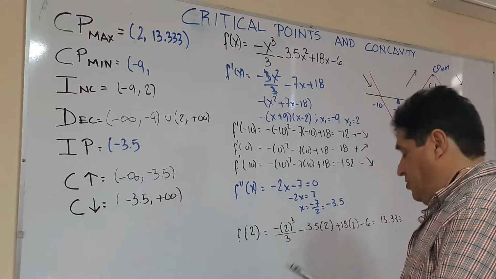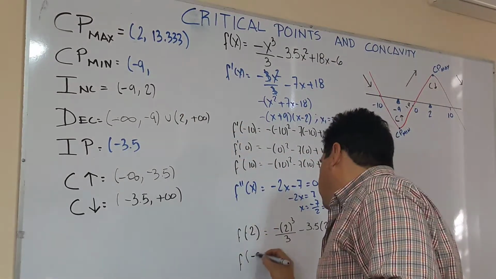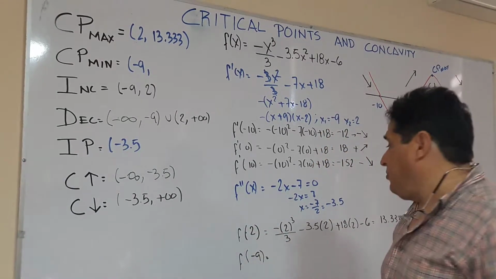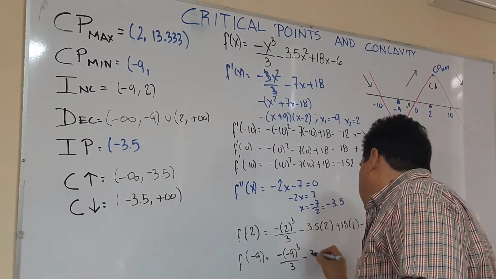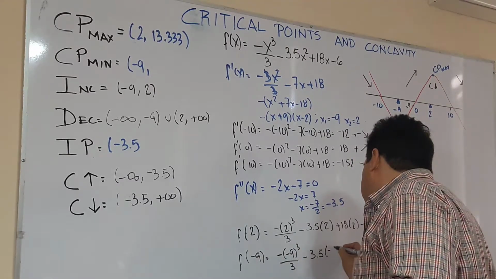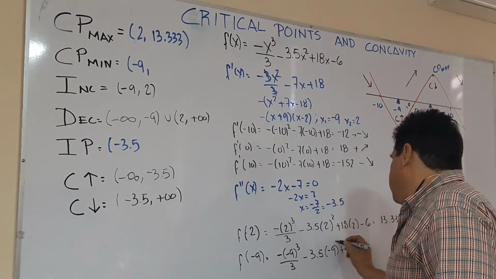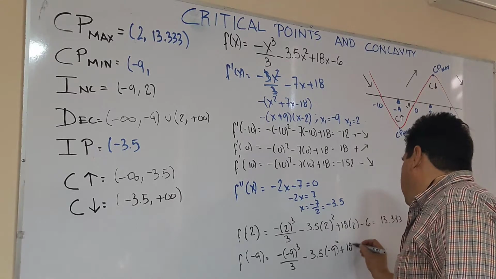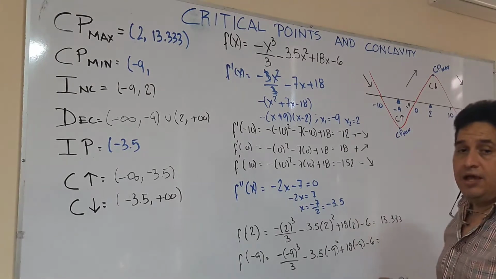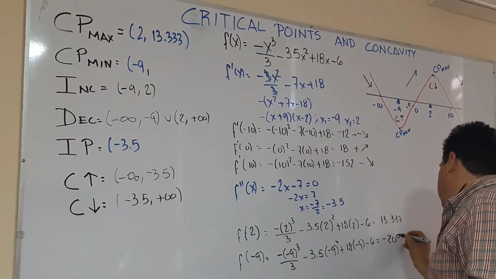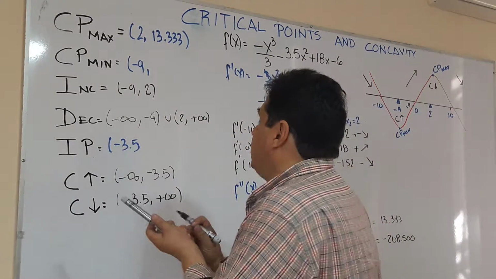Then I'm going to go for f of minus 9. Plug into the original formula, we're going to go minus 9 cubed over 3 minus 3.5 times minus 9, that's squared, sorry, my mistake, plus 18 times minus 9 minus 6, and it's going to be minus 208.500.